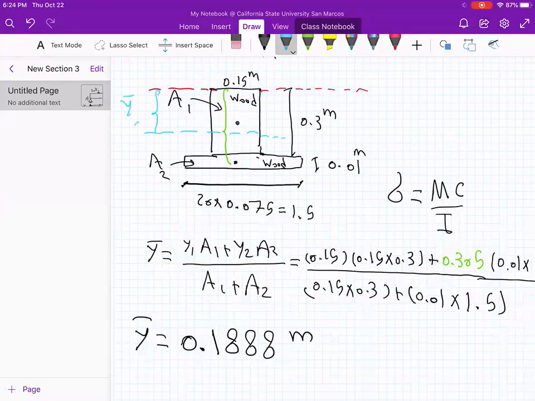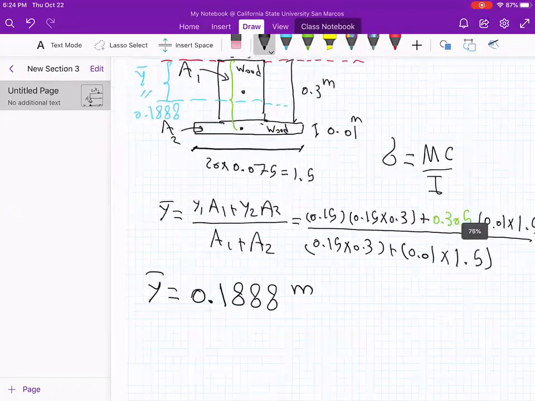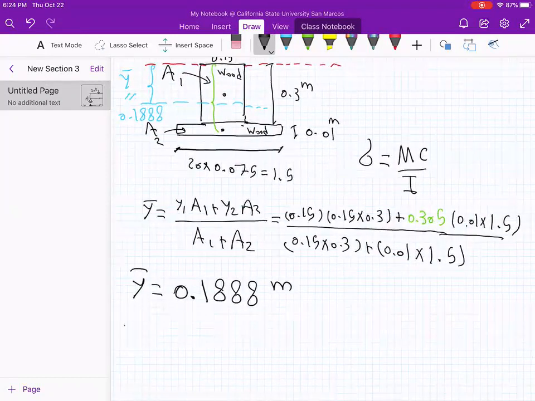We find Y bar 0.188. What is the next step? Plug it in to find the moment of inertia. Moment of inertia. Thanks. I.